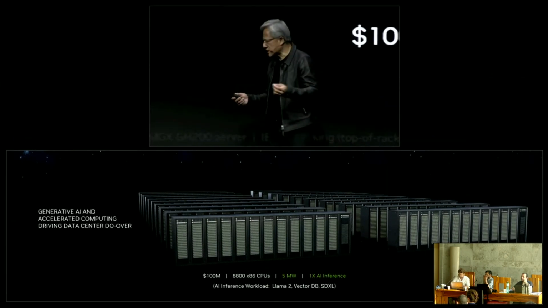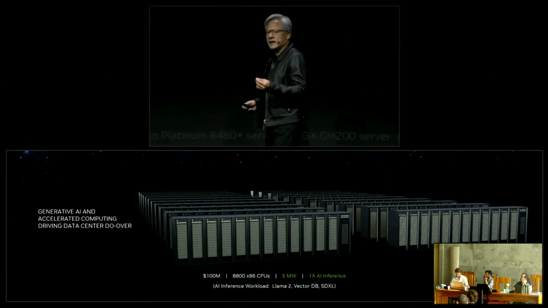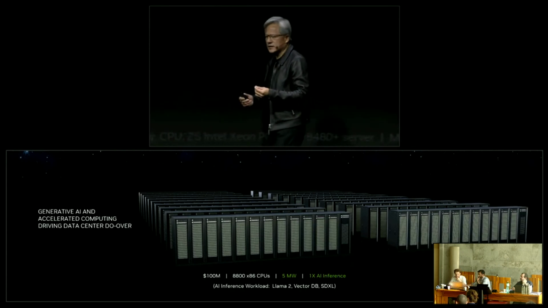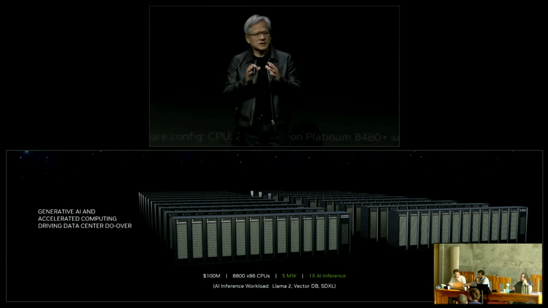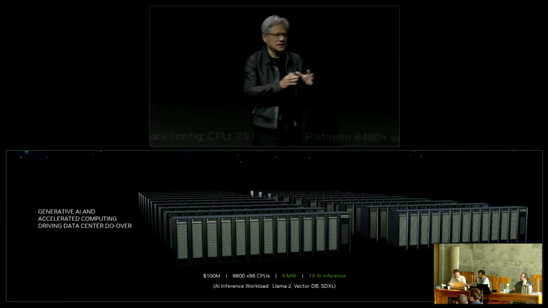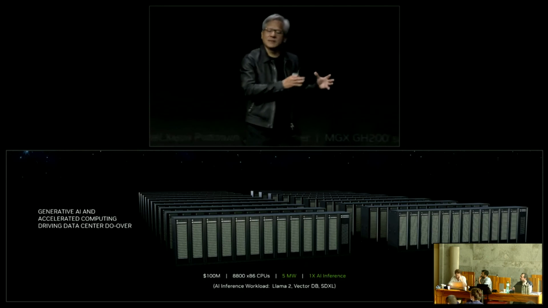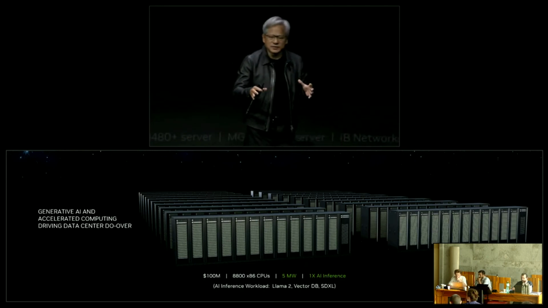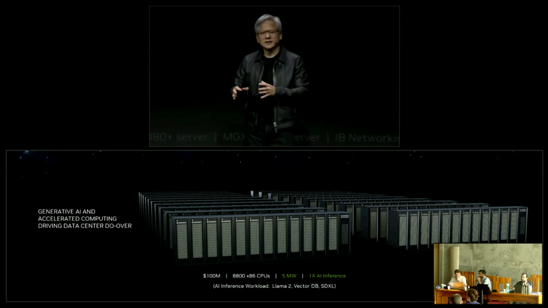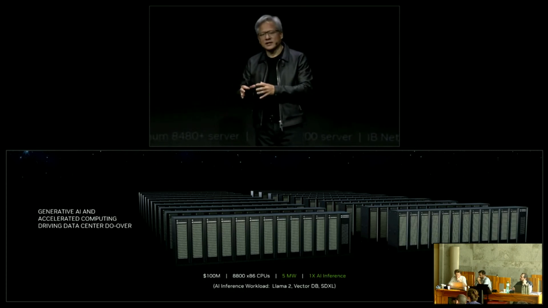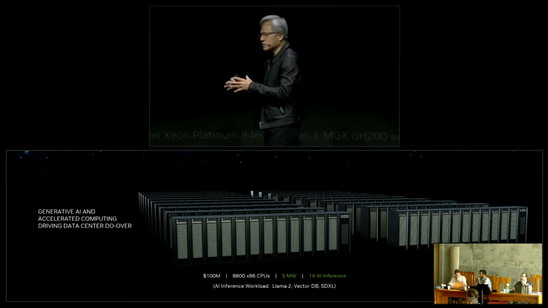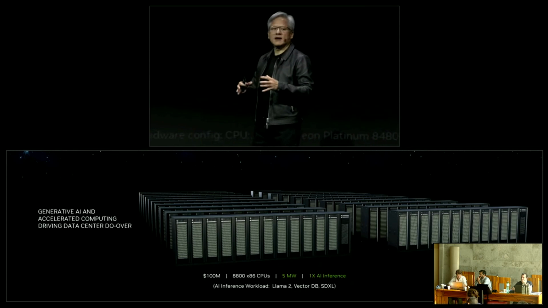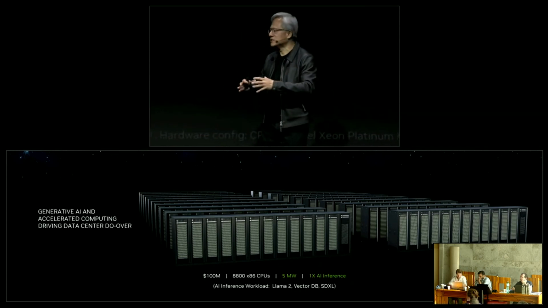And for the last 60 years, that's the way we've been doing computing. Well, now, general purpose computing is going to give way to accelerated computing and AI computing. And let me illustrate to you why. The canonical use case of the future is a large language model in the front end of just about everything. Every single application, every single database, whenever you interact with a computer, you'll likely be first engaging a large language model. That large language model will figure out what is your intention, what is your desire, what are you trying to do given the context, and present the information to you in the best possible way.